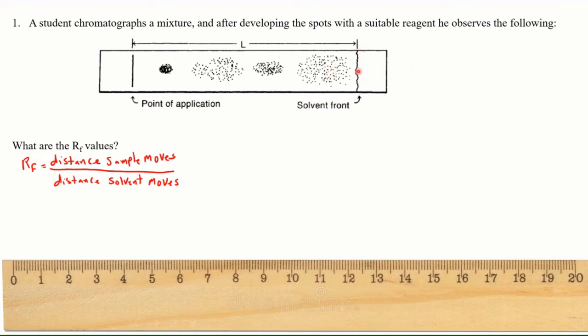So this is why here it does not end all the way at the edge of the page, but the solvent stops right here, and where the solvent stops, we usually call that the solvent front. So that's why here it's labeled as the solvent front.